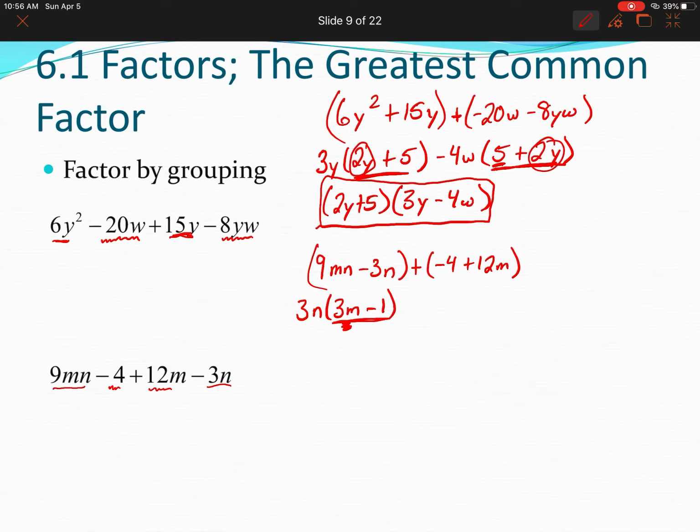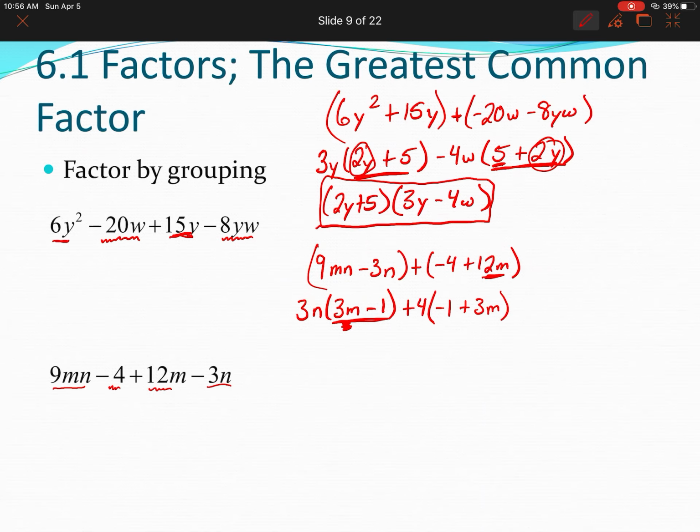And so if you look at where the m term is in this set of parentheses, well, the 12m is already positive, right? And so we want to keep that m term positive. And so to keep the signs the way they are, we'll take out a positive common factor. And so we're going to take out a positive 4 as the greatest common factor. And when you divide that out, negative 4 divided by positive 4 is a negative 1. And 12m divided by 4 is a positive 3m.